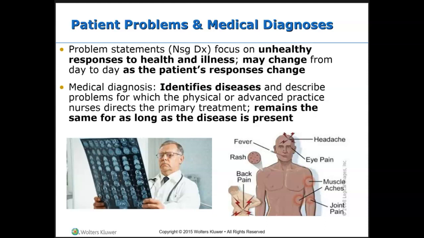In the healthcare field, there are different types of diagnoses, right? We have nursing diagnoses, which deal with problems that nurses are trained to do and can do independently without a physician's intervention, right? Medical diagnoses deal with the patient's actual medical problems. Collaborative problems are where we work together to provide interventions.